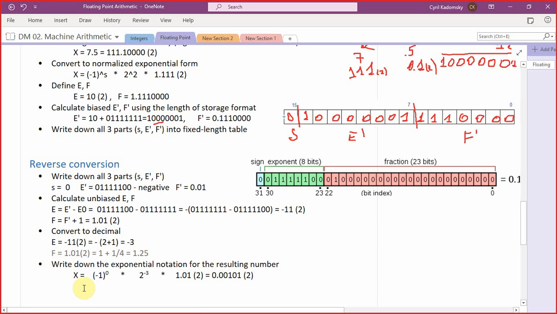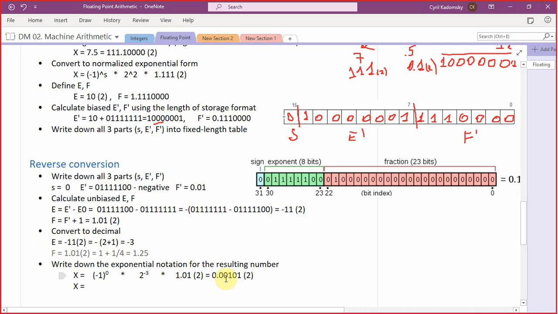Finally, we calculate our number x in decimal, like a positive number, from the binary representation.